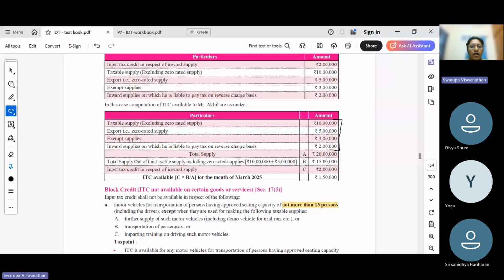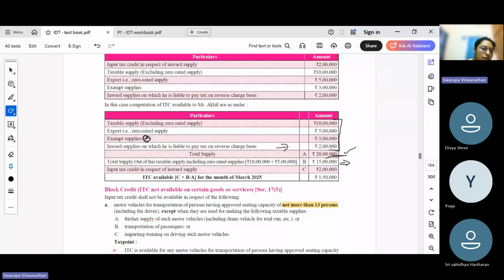Now, out of 20 lakhs, identify the turnover for which ITC has to be reversed. ITC has to be reversed for exempt supplies. Inward supplies we take into calculation only for total supply calculation, not for the reversal part. So the ITC for exempt supply needs to be reversed.